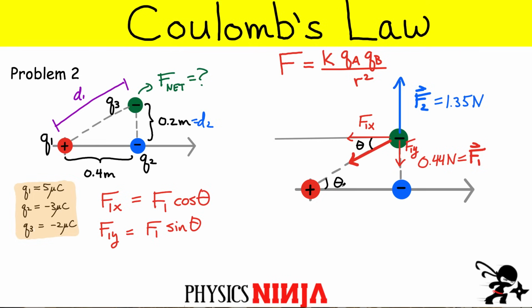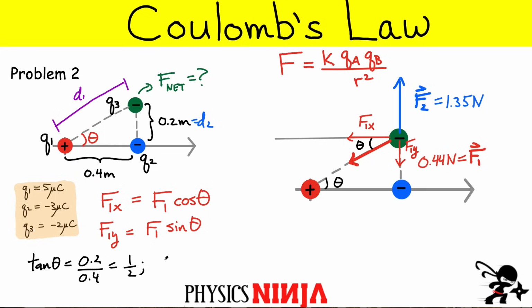So it would be nice if we know what that angle theta is, but we can actually determine the angle theta by looking at our first diagram, right? The angle theta you could find right here. And I can use any of the trigonometric functions in order to find this. I'm going to use tangent. If you write down tangent of theta, that's opposite over adjacent, right? 0.2 over 0.4, which is just equal to 1/2.